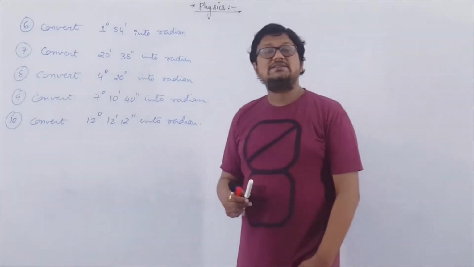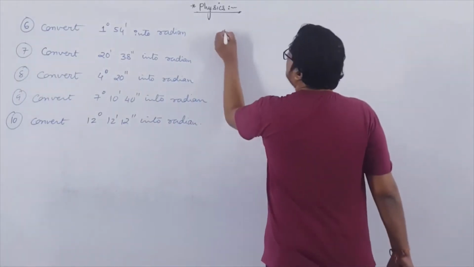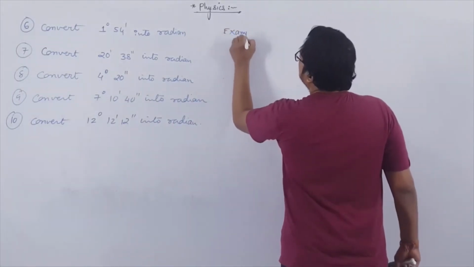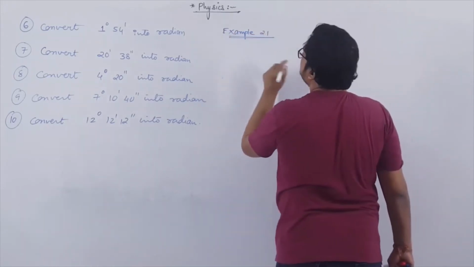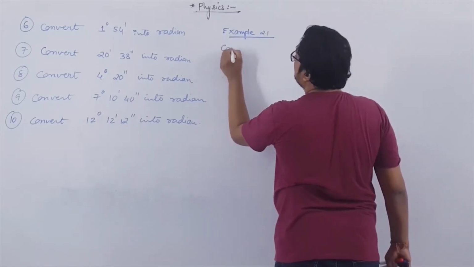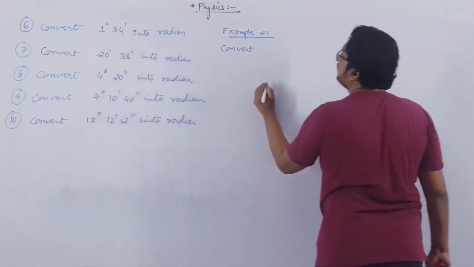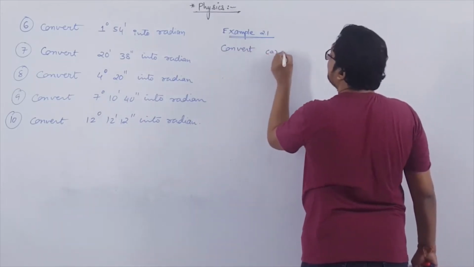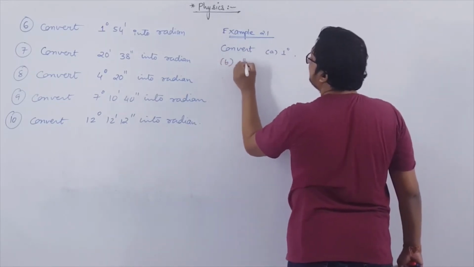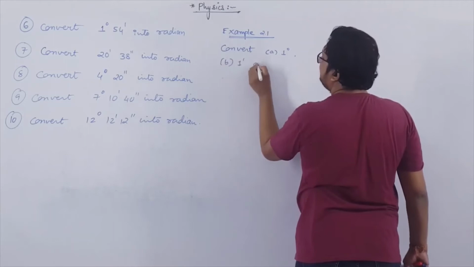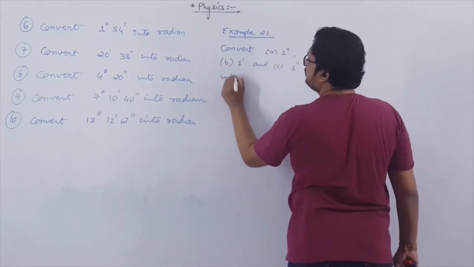Now let us consider example 2.1 of our textbook. In example 2.1 it is given: convert A, 1 degree, B, 1 minute, and C, 1 second into radian.